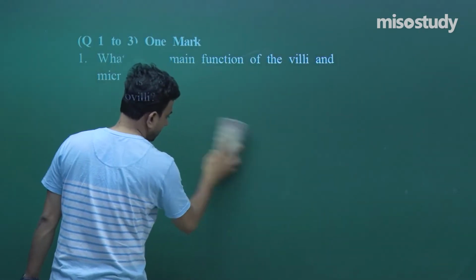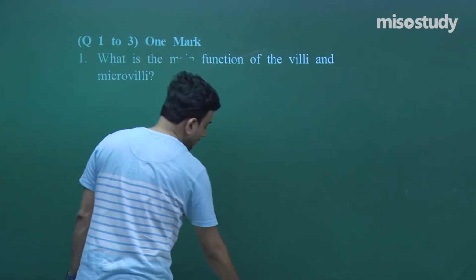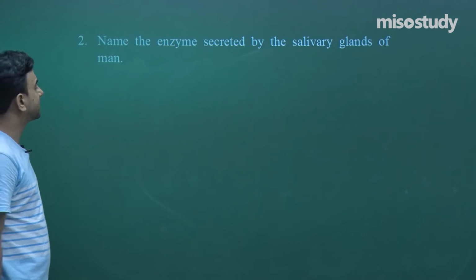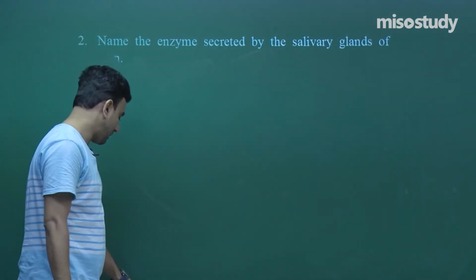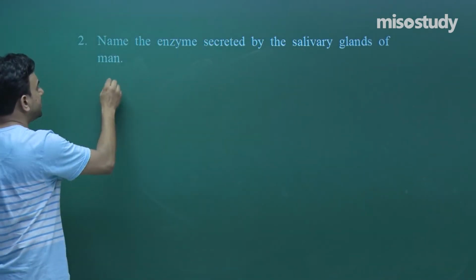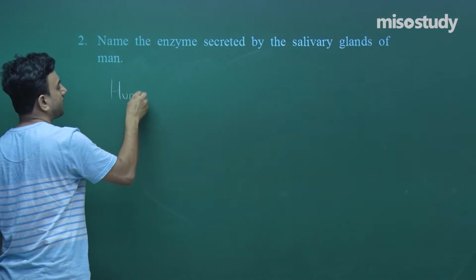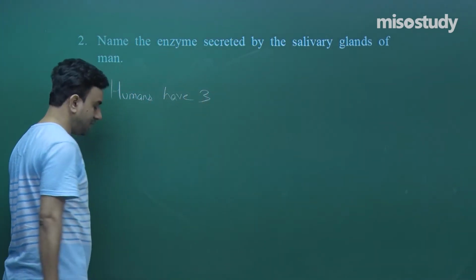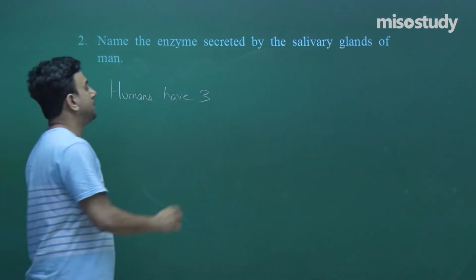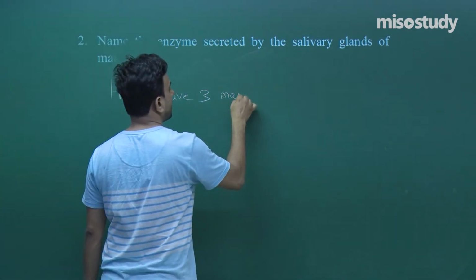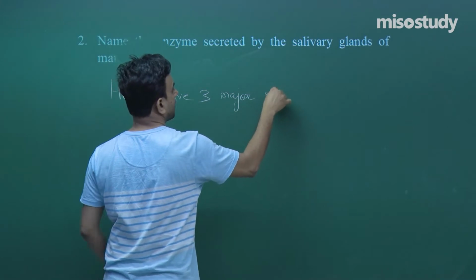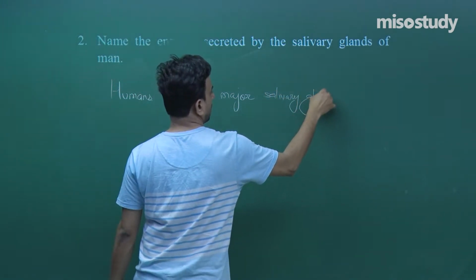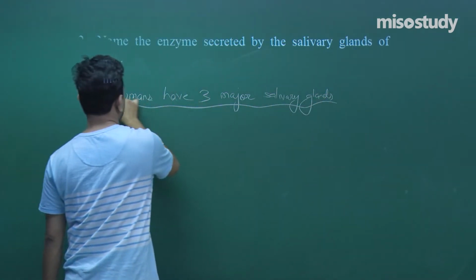Now what will we see? Now we will see the named enzymes secreted by the salivary glands of man. Now humans have three major salivary glands, right?